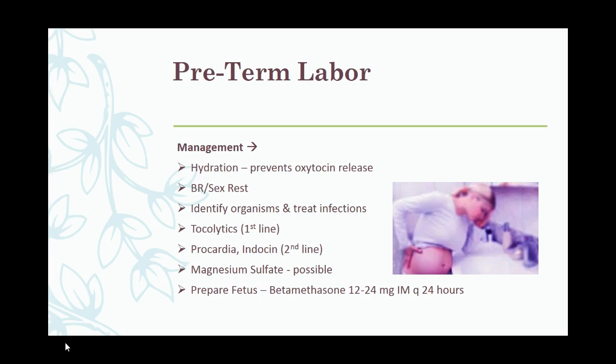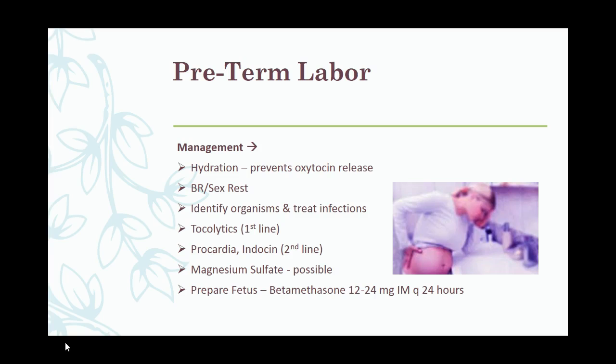Again, this would be an IV medication. All of the same nursing administration guidelines and considerations apply whenever we're giving it for preterm labor as they do whenever we give it for preeclampsia. So again, we have to look for and make sure that our patient is not heading into a magnesium toxic state.